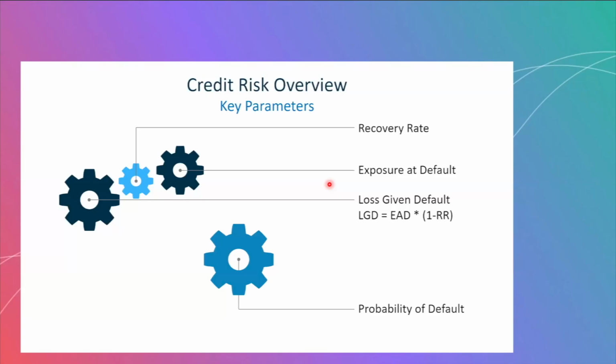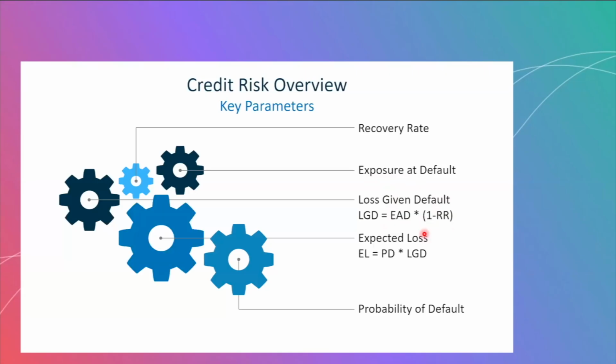The loss given default is computed as my exposure minus the recovery I can have. So 10% of that can be recovered, or 20%, or whatever it may be. Of the exposure, whatever I can recover, the remaining is the final loss, given that the default happens. A value of 1 basically means that the entire money is lost.